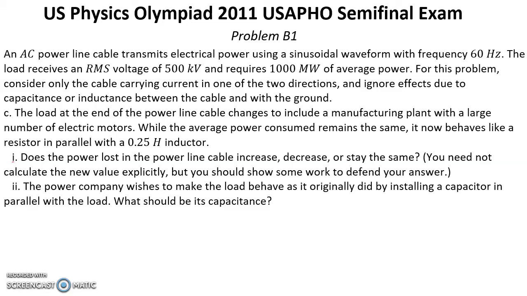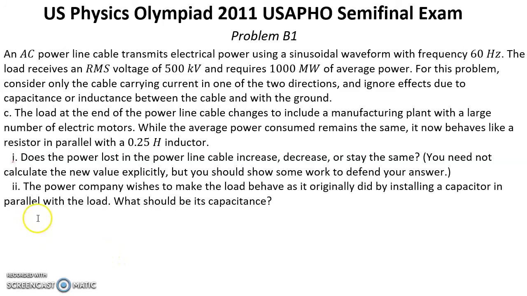You need not calculate the new value explicitly, but you should show some work to define your answer. Second, the power company wishes to make the load behave as it originally did by installing a capacitor in parallel with the load. What should be its capacitance? Answer.